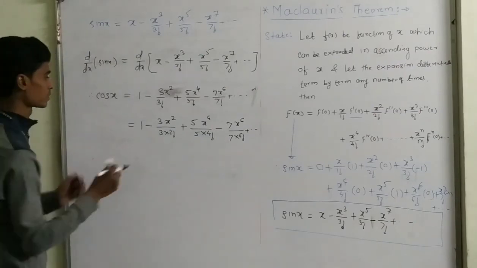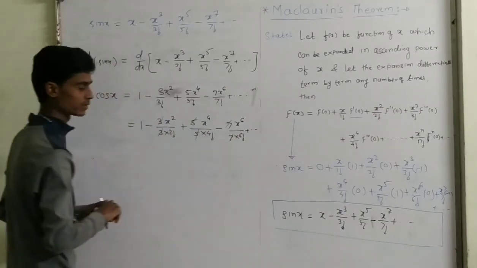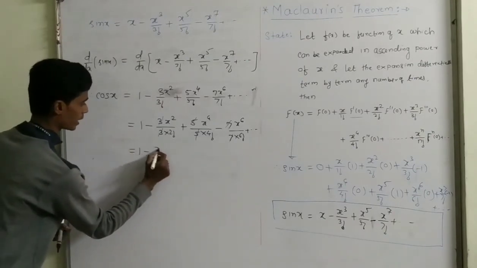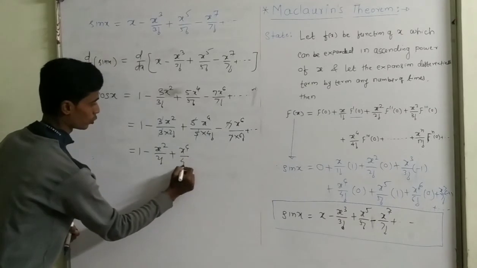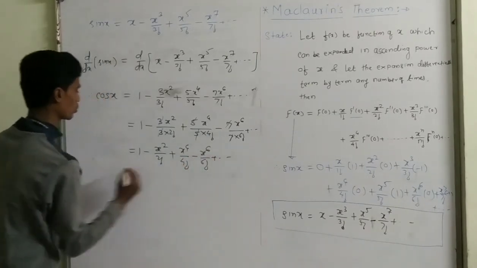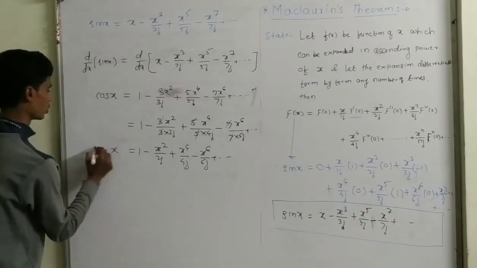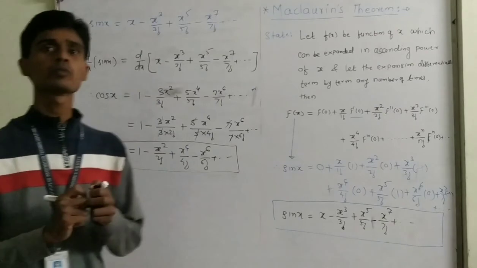Definitely this 3 gets cancelled, 5 gets cancelled, 7 gets cancelled. What is remaining? 1 minus x square by 2 factorial plus x raised to 4 by 4 factorial minus x raised to 6 by 6 factorial and so on. This is the expansion of cos x.